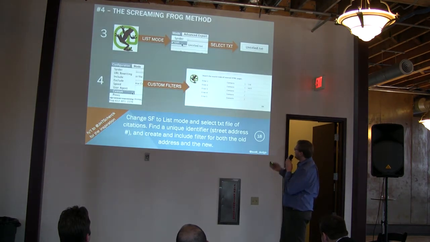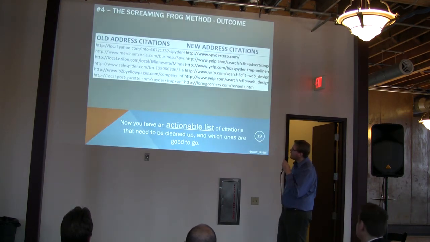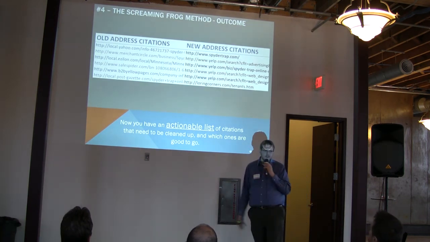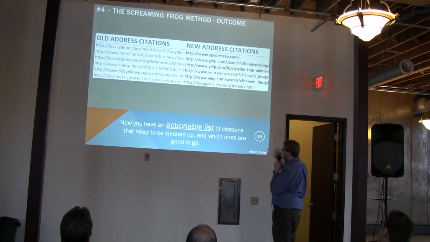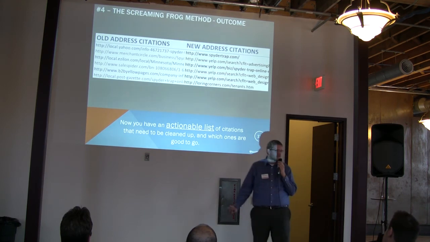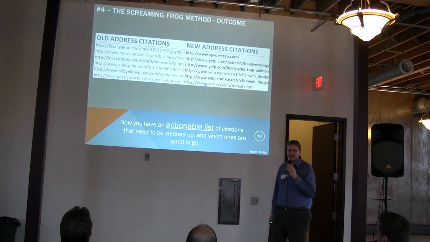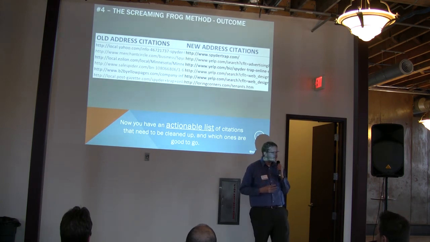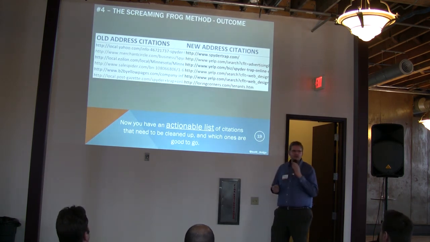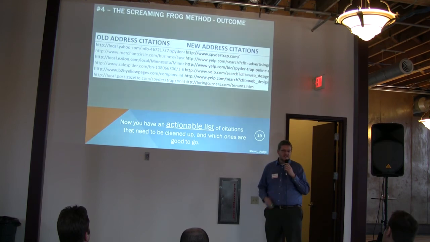So what we end up with is an entire list, one column. We get everything with the old address that we need to clean up, and everything with the new address that is pretty much good to go. This is a quick way to scalably find this stuff and end up with an actionable list of what you need to do.